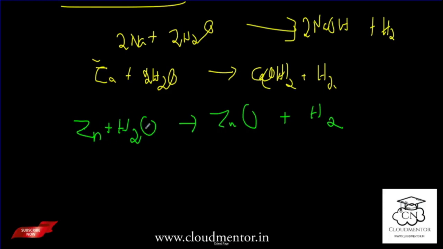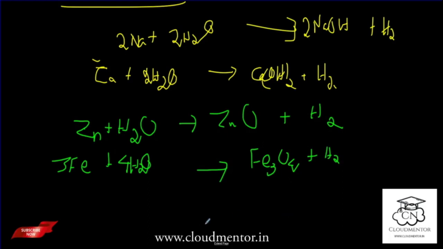When this steam is passed over hot metals, and also over iron with steam, these metals are heated to a very high temperature, and it also gives hydrogen along with Fe3O4.